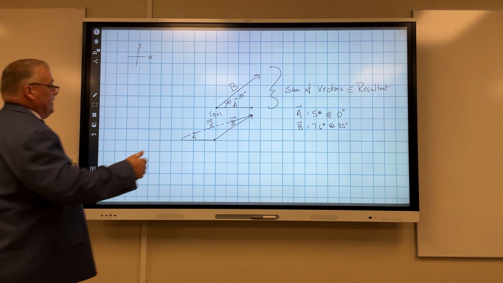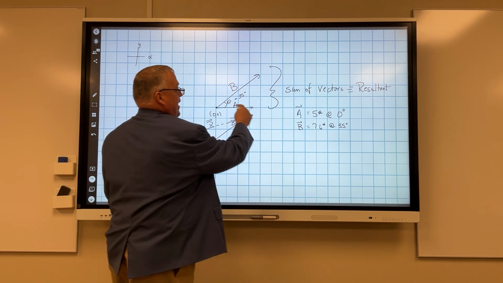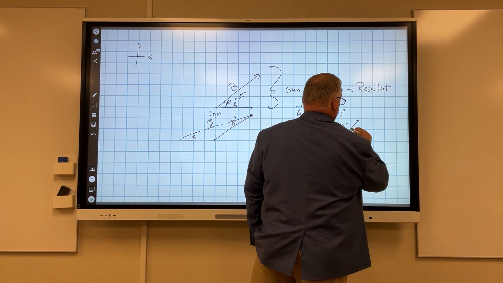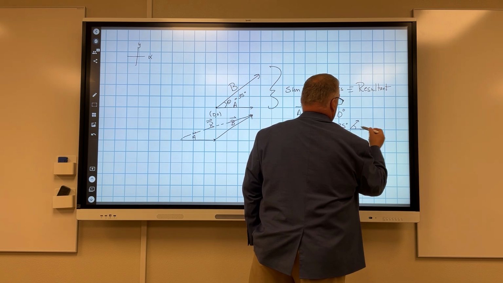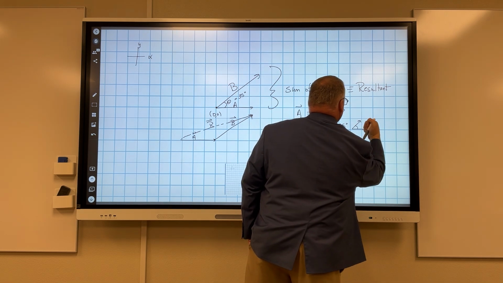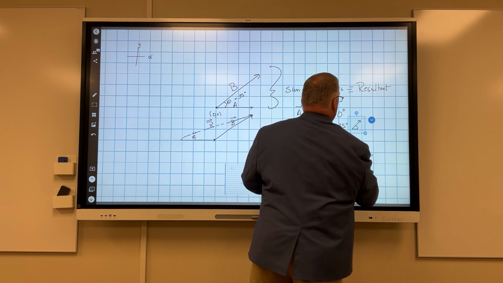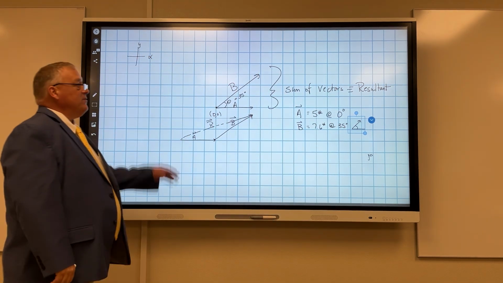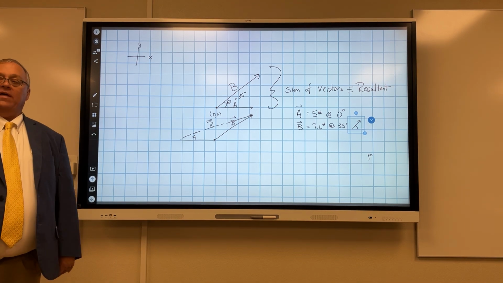Now, in statics, we're going to represent our angle using this symbol. Since we're measuring this from the x-axis, we're going to represent it that way.